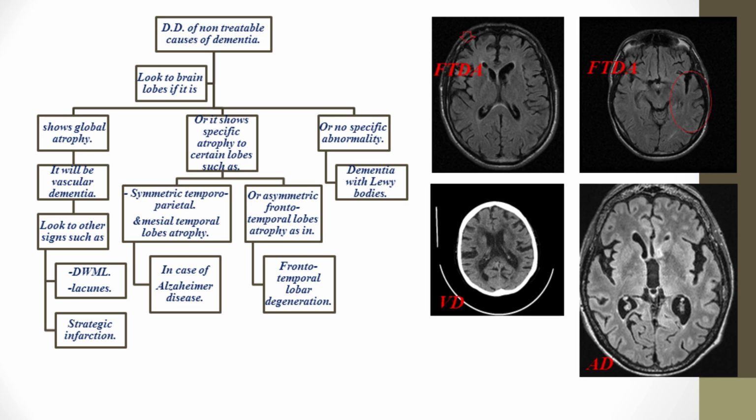Or it shows specific atrophy of certain lobes, such as symmetric temporoparietal and mesial temporal lobe atrophy in case of Alzheimer's disease, or asymmetric frontotemporal lobe atrophy as in frontotemporal lobar degeneration, or no specific abnormality in case of dementia with Lewy bodies.